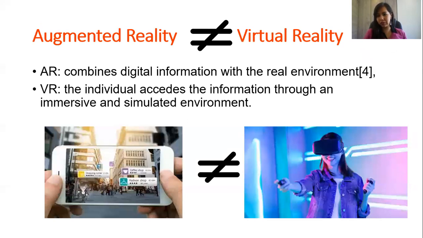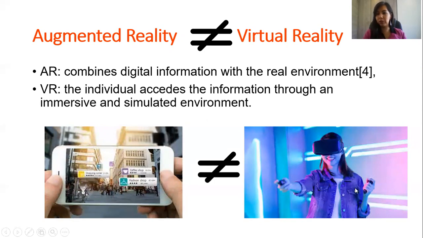It is important to make a difference between augmented reality and virtual reality. The main difference is that augmented reality combines digital information with the real environment. But in virtual reality, the individual accesses the information through an immersive and simulated environment, as we can see in the graphs.